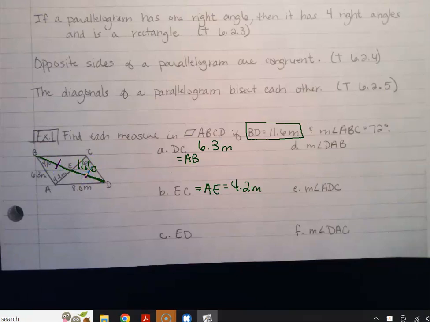So this equals half of 11.6, which is, what's half of 11? 5.5. Okay, so we've got 5.5. And then what's half of 0.6? 3. Okay, so 0.3. Yep. 5.8. So this is 5.8 meters. Awesome work.